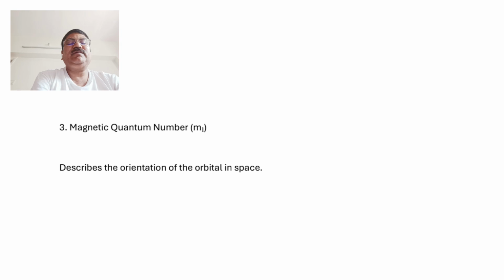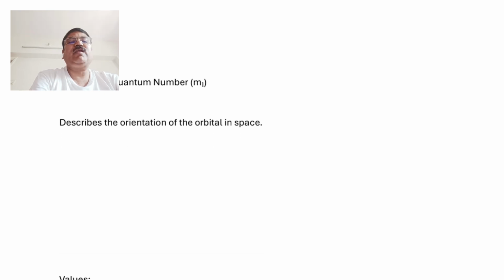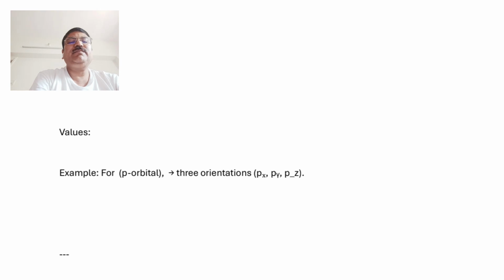Then the magnetic quantum number explains the orientation of the orbital in space, and it is denoted by small m_l. For example, a p orbital has three different orientations, px, py, and pz.